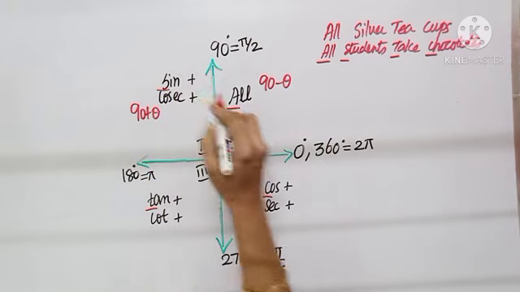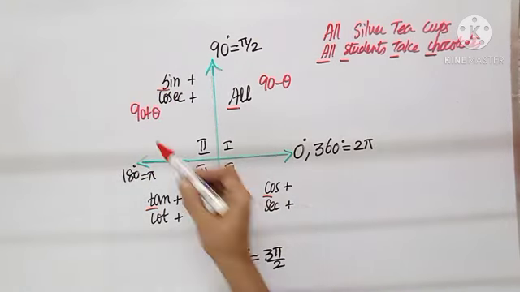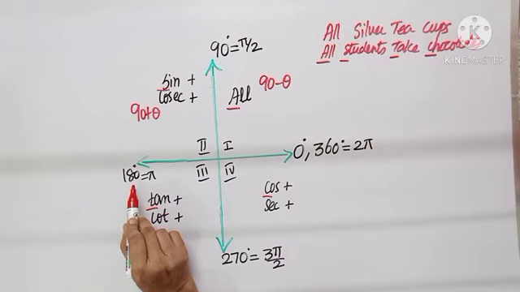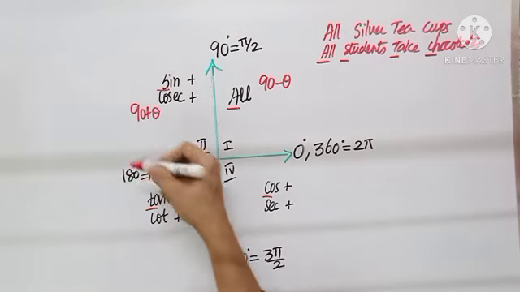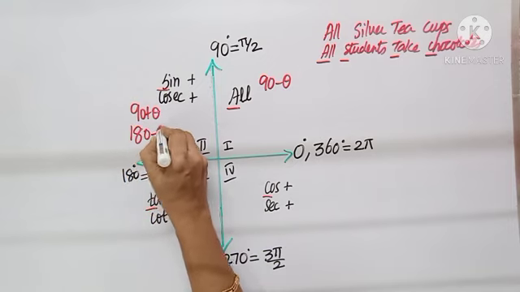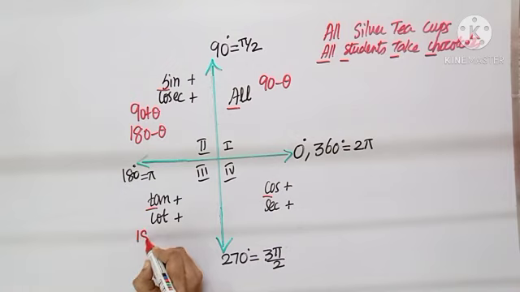So 90 minus theta is in the first quadrant, whereas 90 plus theta will come in the second quadrant. What is the boundary here? 180. So tell me what will come before? Before 180, 180 minus theta. After 180, 180 plus theta. Similarly, here the angle is 270. What will come this side?